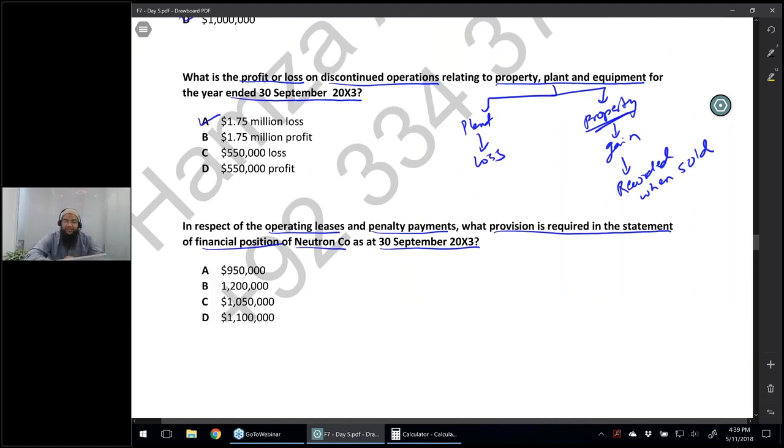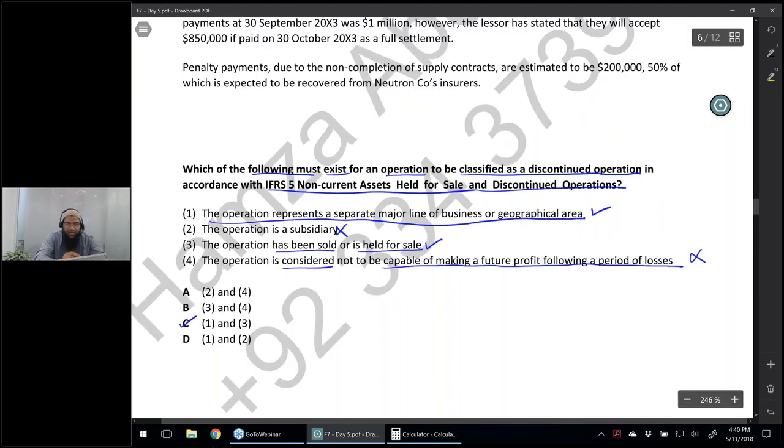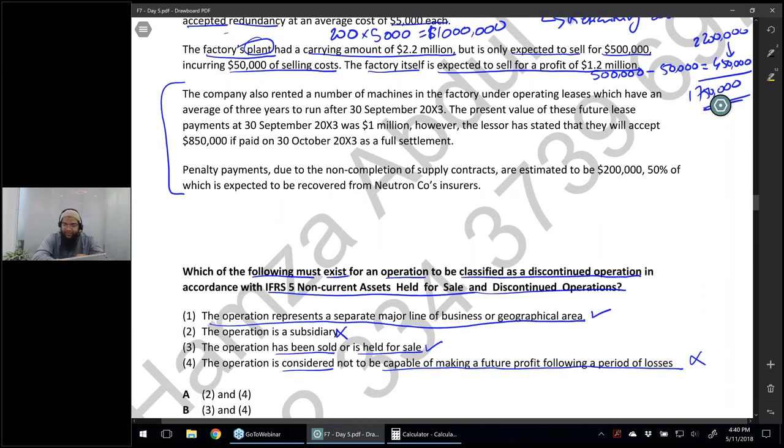Let's start reading this. The company also rented a number of machines in the factory under operating leases, which have an average 3 years to run after 30th September 2023. The present value of these future lease payments at 30th September 2023 was 1 million. So the cost of the lease is actually 1 million to us.